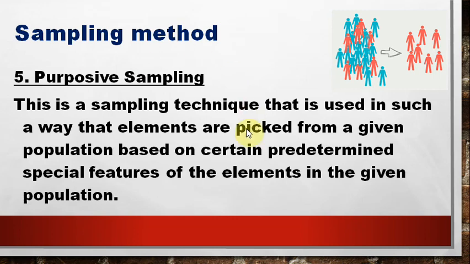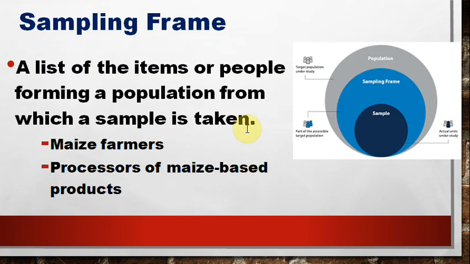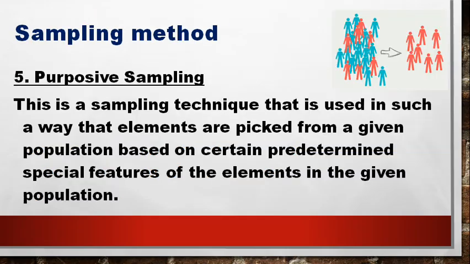Another one that looks like it is the one that is called purposive sampling. Basically, this is done because it helps the researcher achieve a purpose.